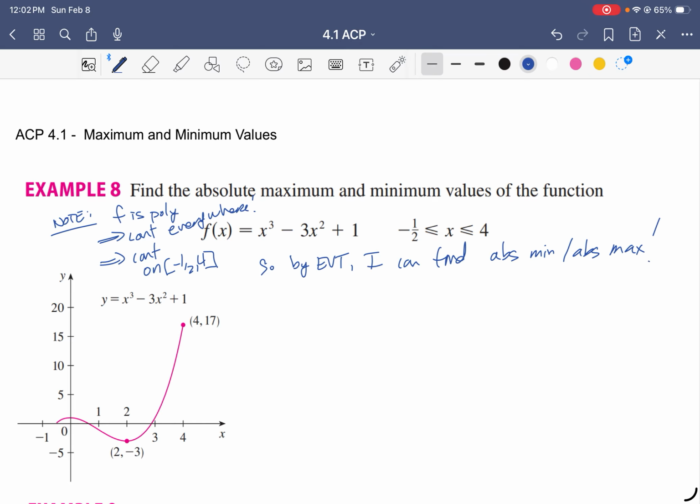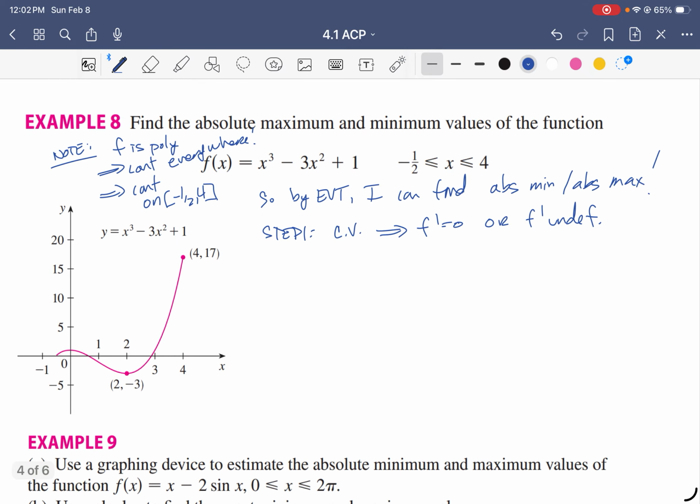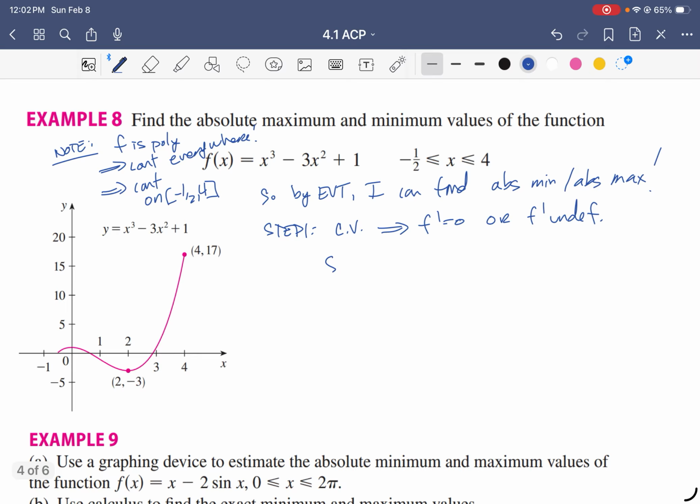And here's what I'm going to do. Step 1 is to find my critical values, which are where either the derivative is equal to 0 or the derivative is undefined. So what that means is I'm actually going to take the derivative.